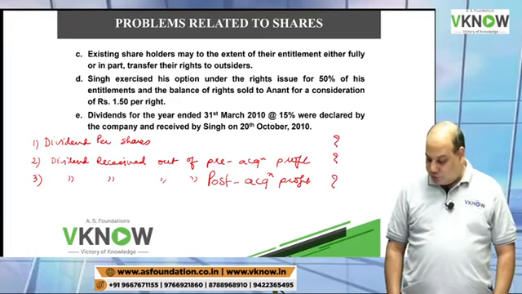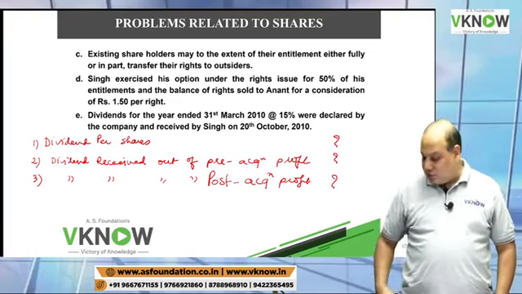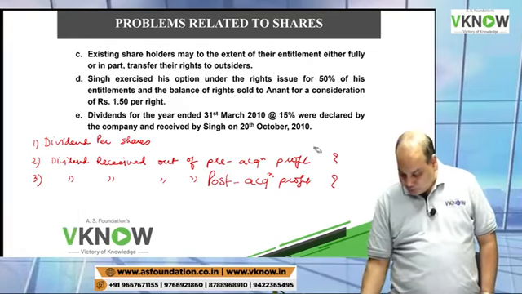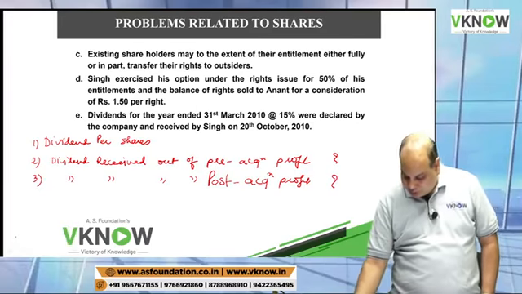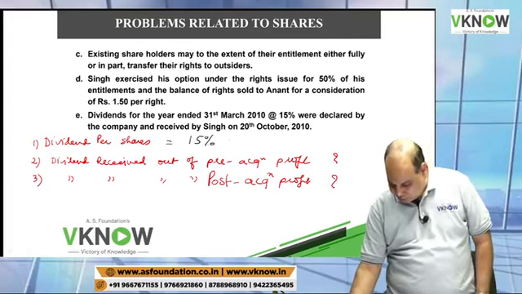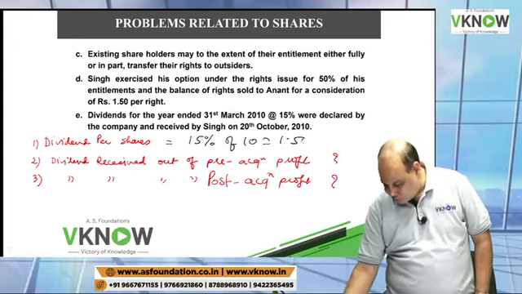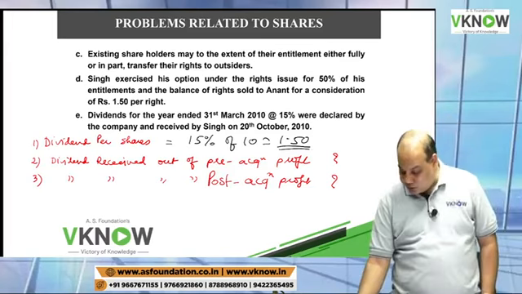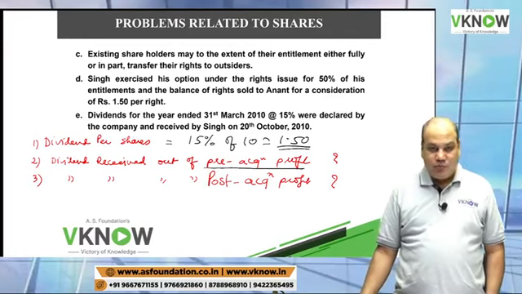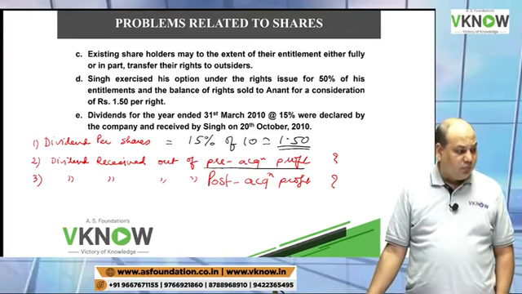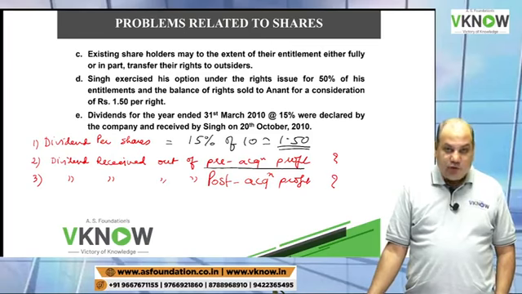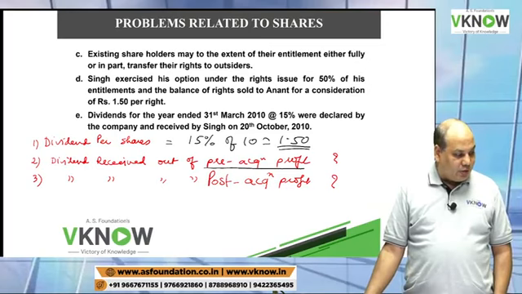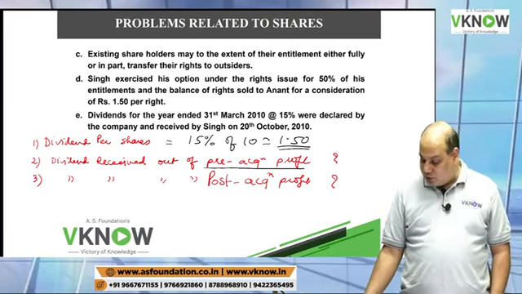Okay. First answer, I agree with most of you. You have said 1.50. Dividend will be paid at the rate of 15% of 10, that is 1.50. Now question is, what is the dividend received out of pre-acquisition profit?